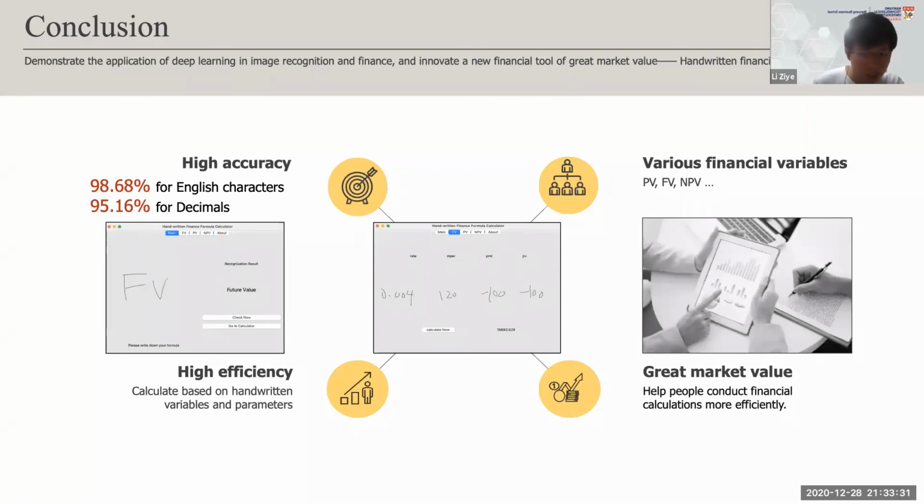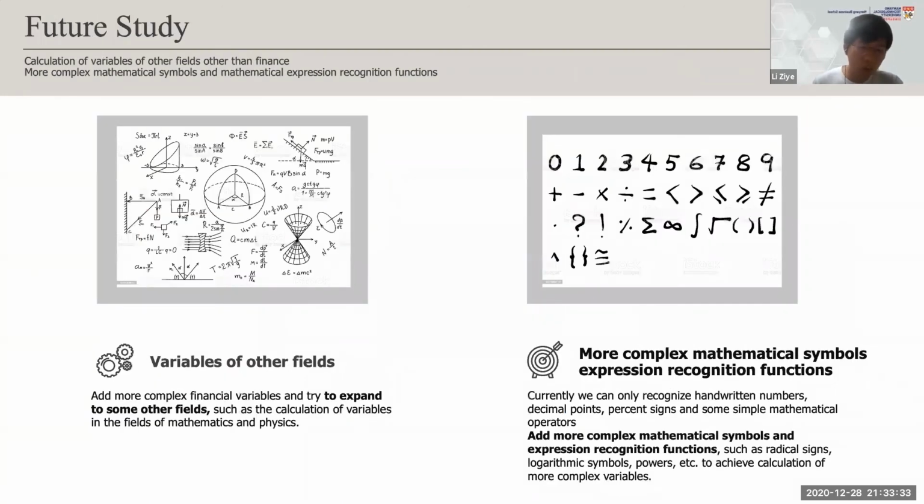Next page, please. As for future study, first, we can add more complex financial variables and try to expand to some other fields, such as the calculation of handwritten variables in the fields of mathematics and physics. And another point is that currently we can only recognize handwritten numbers, decimal points, percent signs, and some simple mathematical operators.